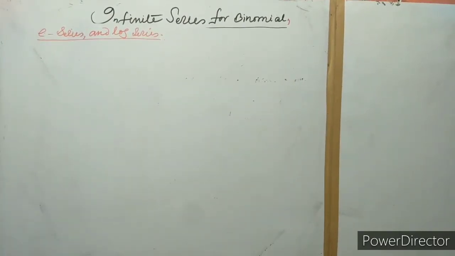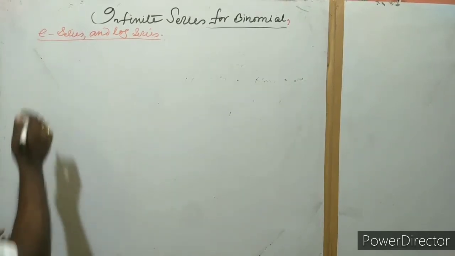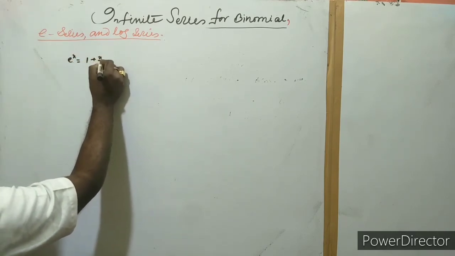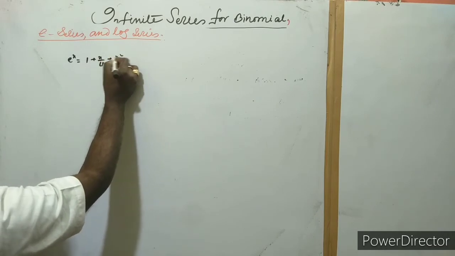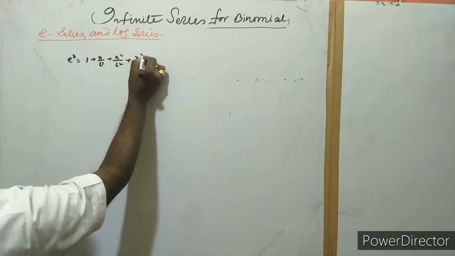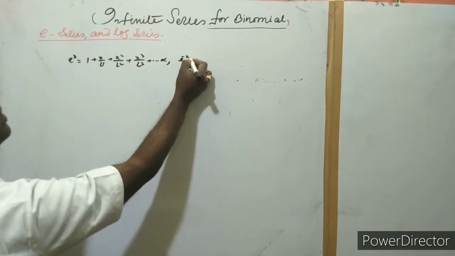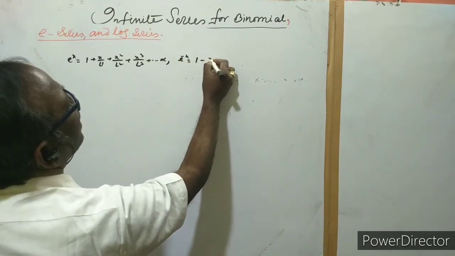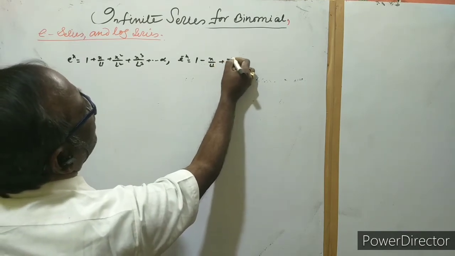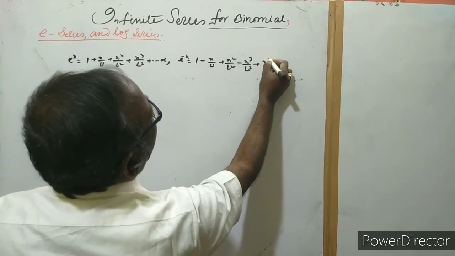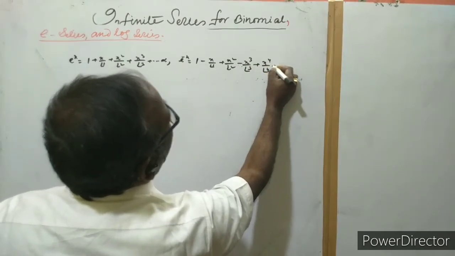So next point I want to introduce to all of you. The expansion of e to the power x, we get 1 plus x by factorial 1, x square by factorial 2, x cube by factorial 3, like that, okay. Again e to the power minus x, that is 1 minus x by factorial 1, plus x square by factorial 2, minus x cube by factorial 3, plus x to the 4 by factorial 4, and so on, okay.